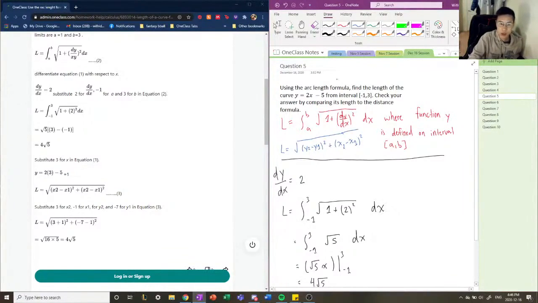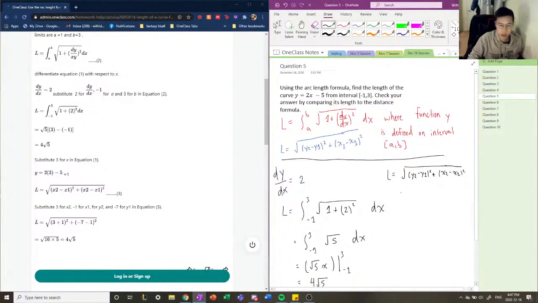So we're going to use our distance formula here. L equals the root of y2 minus y1 squared plus x2 minus x1 squared. We have to calculate what y2 and y1 are first. So x1 is -1 and x2 is 3.